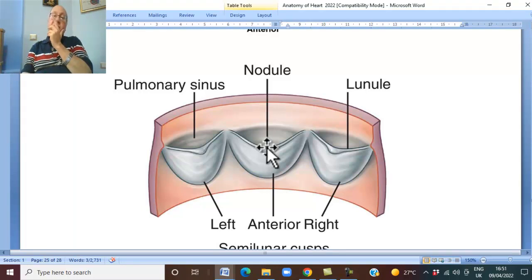This is the pulmonary orifice and valve, and the tricuspid orifice and valve, and these are the orifices and valves of the right ventricle.